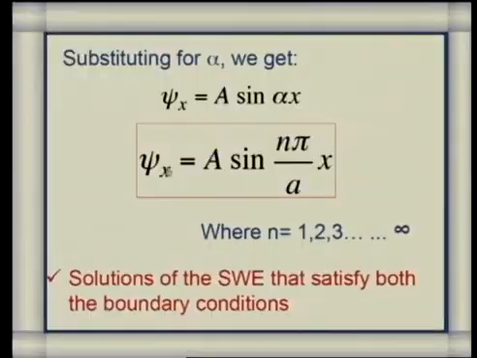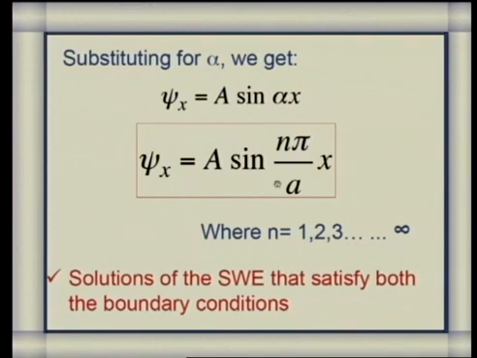So this I substitute back, which gives me the wave function: psi of x equal to A sine of n pi by a times x, as I got in the previous slide.